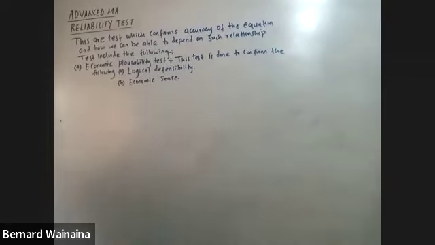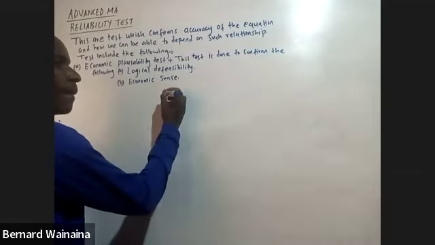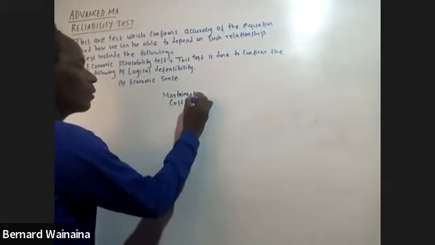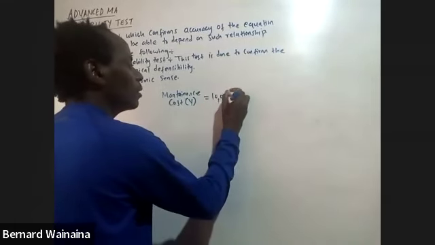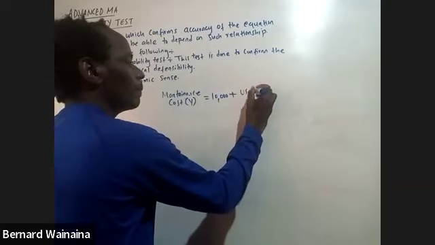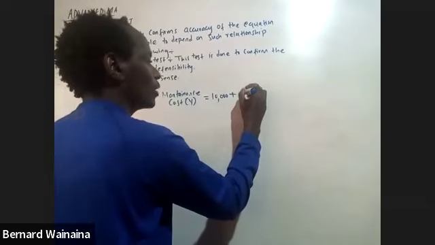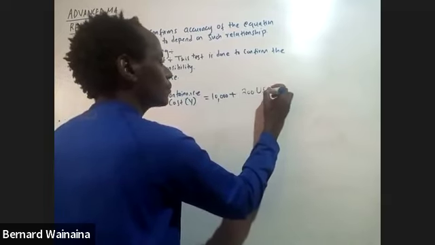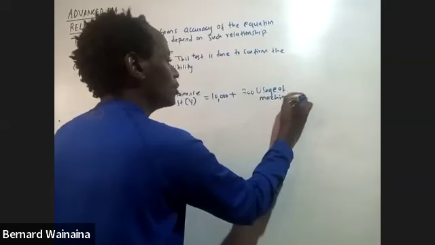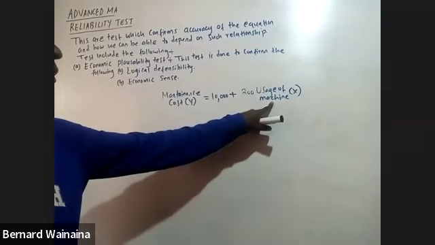This one is a very good example, and I want someone to tell me, when you have, let us say, maintenance cost, which is y, equals 17,000 plus 200 usage, where usage of machine is X. Someone tell me, what do you expect when the usage of machine increases?